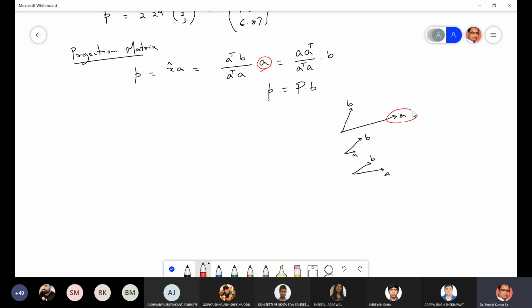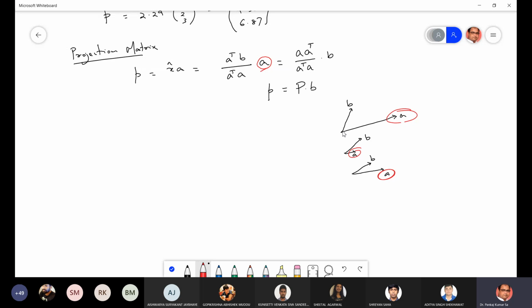The projection matrix is made up of the vector A because you are projecting a vector B onto a vector A. So that onto part, the vector A should be unique, should be invariant to whatever B you have.